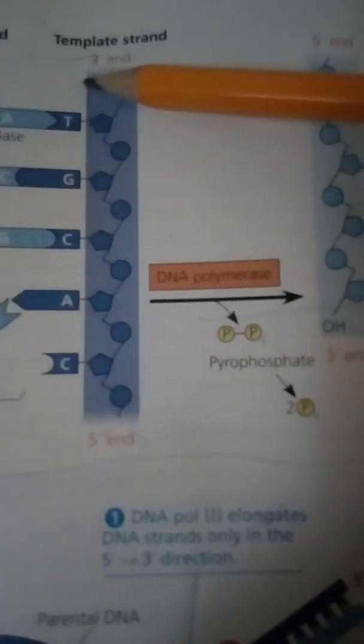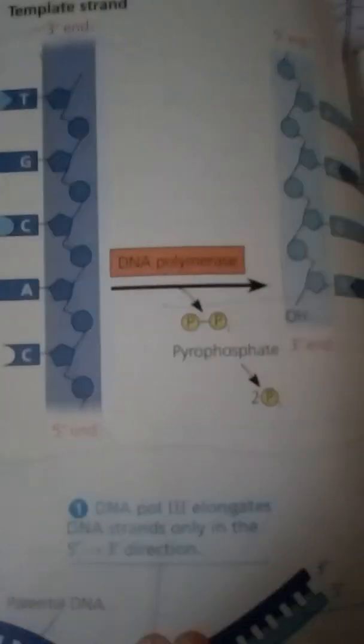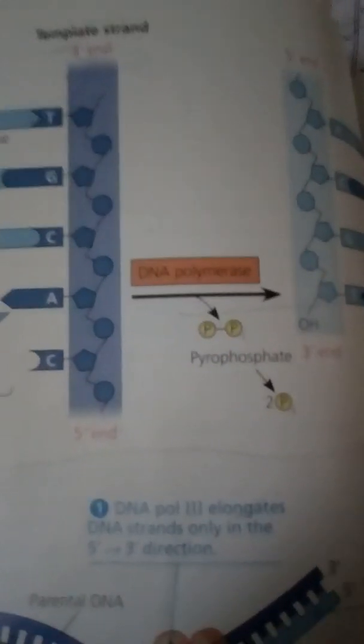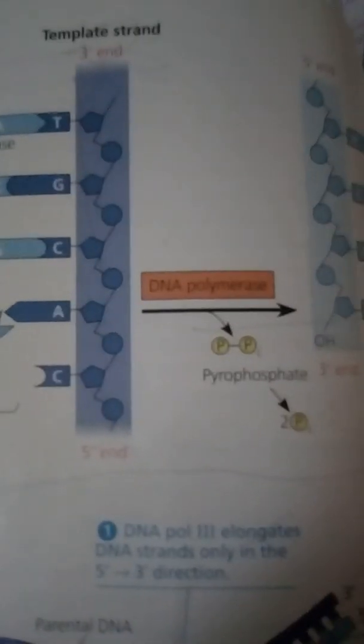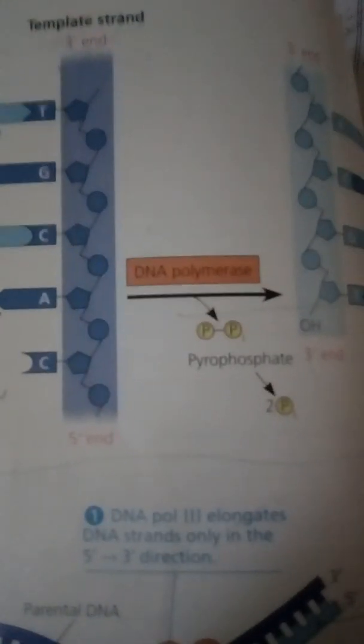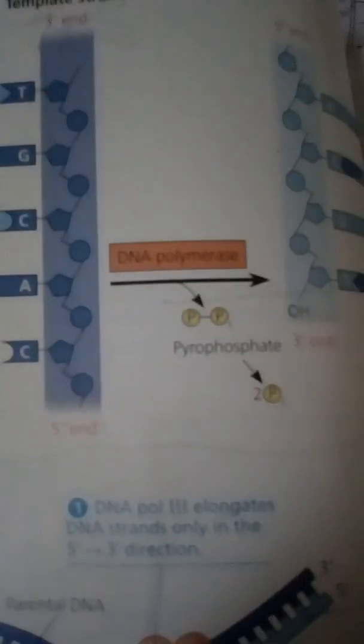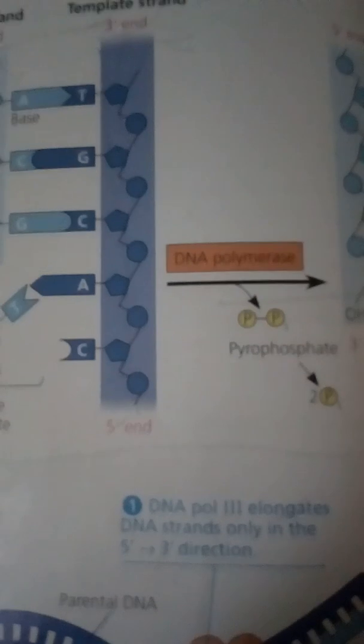DNA pol 3 simply nestles in the replication fork on that template strand and continuously adds nucleotides to the complementary strand as the fork progresses. The DNA strand made by this mechanism is called the leading strand.